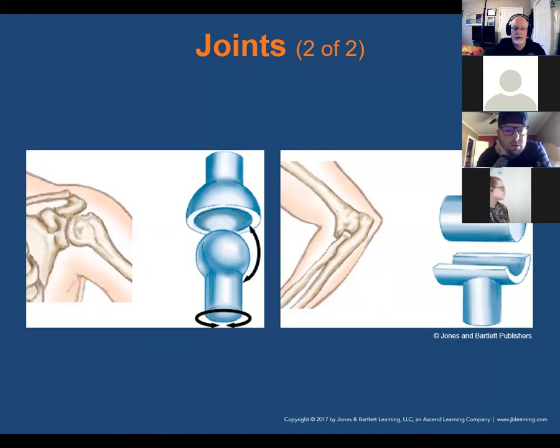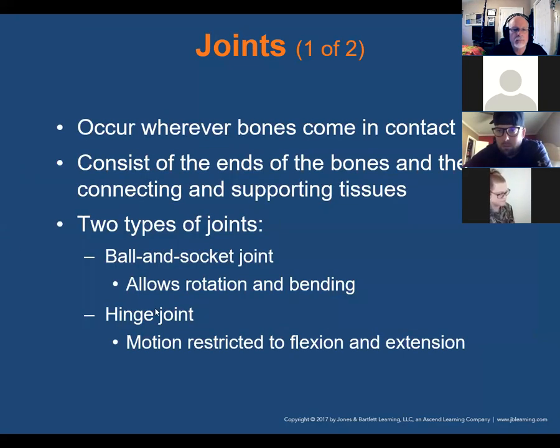It moves around, it moves back and forth, but it doesn't have as much movement as, say, your shoulder. And up above your thumb, where your radius articulates with the carpal bone, that's a modified ball and socket joint. Not super important, other than you need to know they're there and what types.